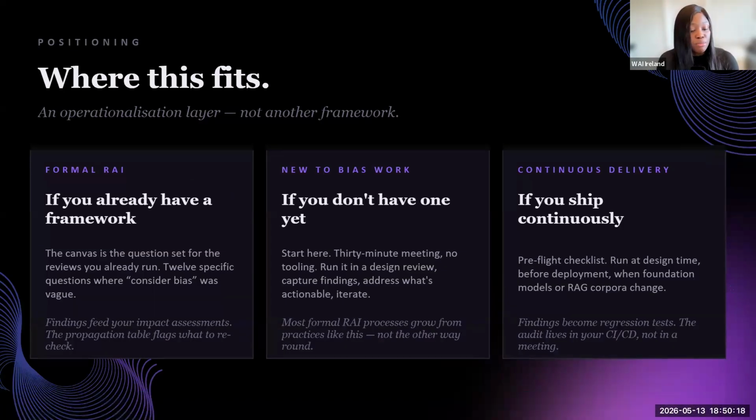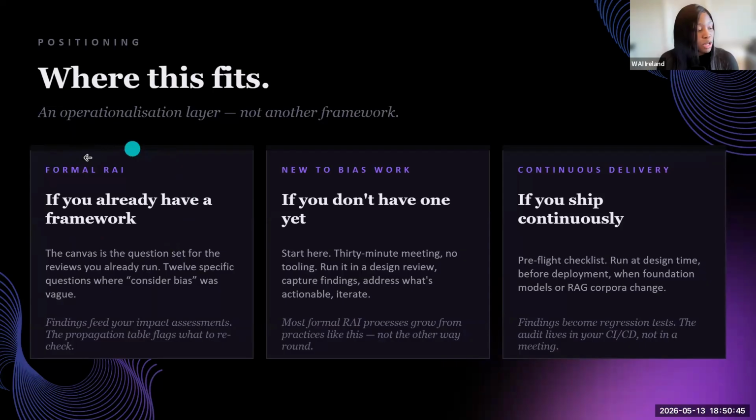One question that I have been asked while I was developing this and sharing it in my network, a couple of people asked how does this fit into the broader responsible AI framework that we already have, right? For large teams, there are three ways I've identified here.